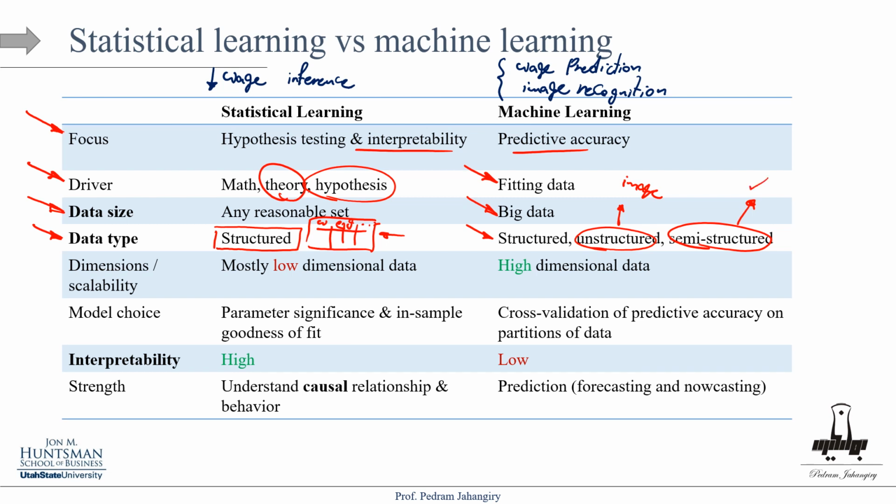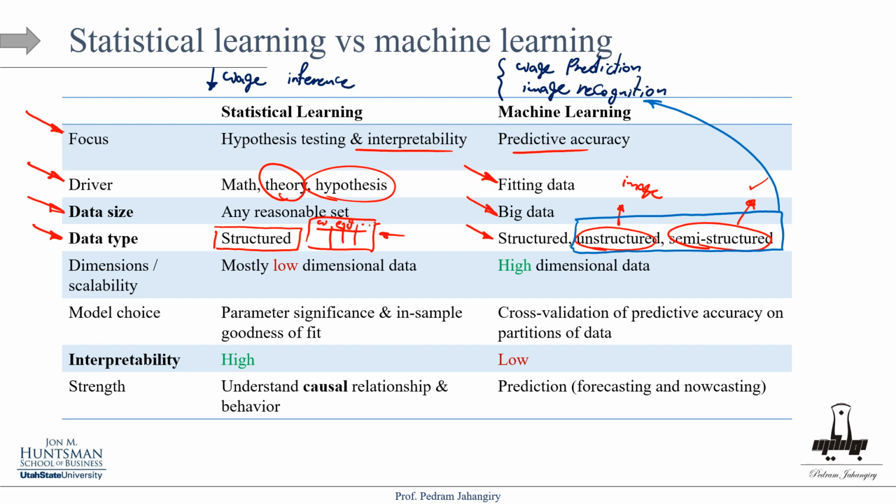Okay, so this is very, very important because remember, guys, if your data is unstructured or semi-structured, you can simply not use the statistical learning models. You cannot use the econometrics model. You have to use machine learning models. So this is a big deal. Why?